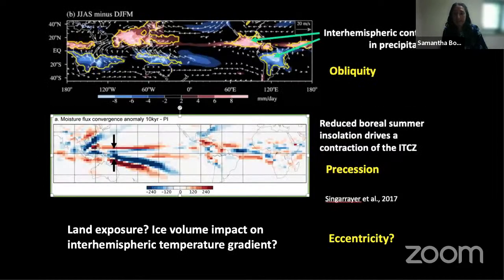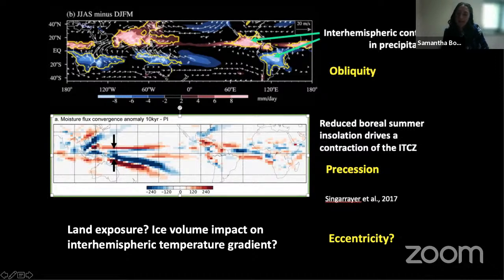All right, and with that, I'll end there and highlight the general responses we see at the different orbital frequencies. So at obliquity, our data are supportive of a north-south shift in the intertropical convergence zone. At the precession timescale, our data are more consistent with an expansion and contraction dynamic.